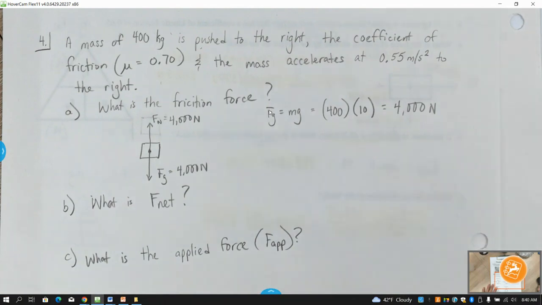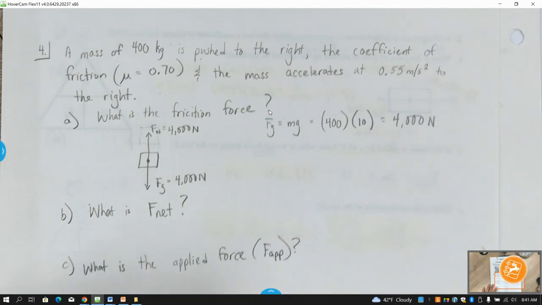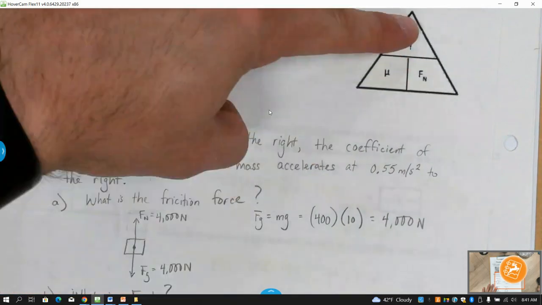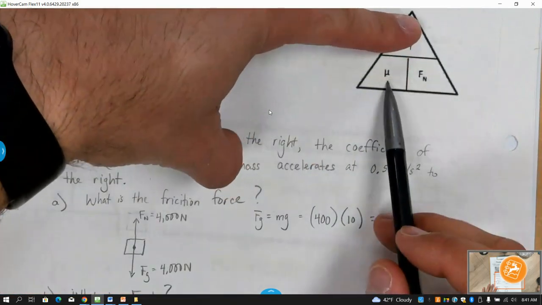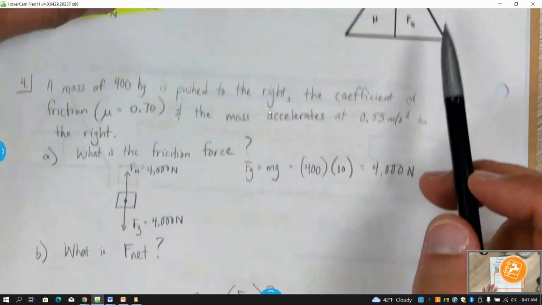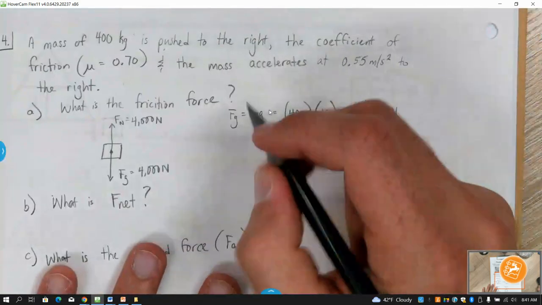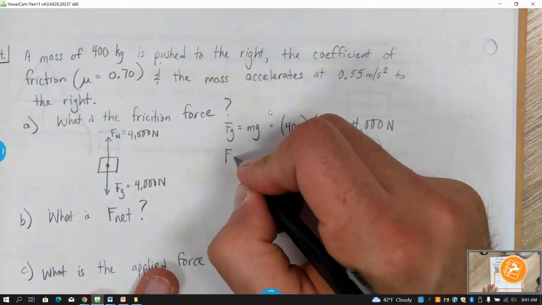They ask, what is the friction force? Do we know what the equation for friction is? Friction force is equal to coefficient times normal force. So that would be what I would do next.